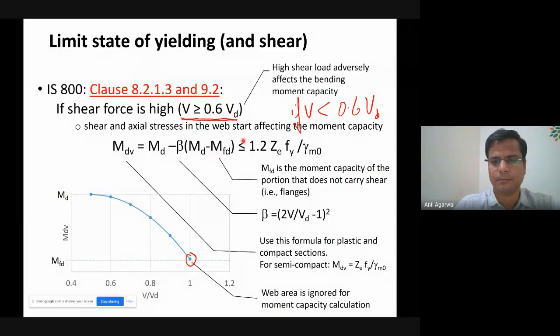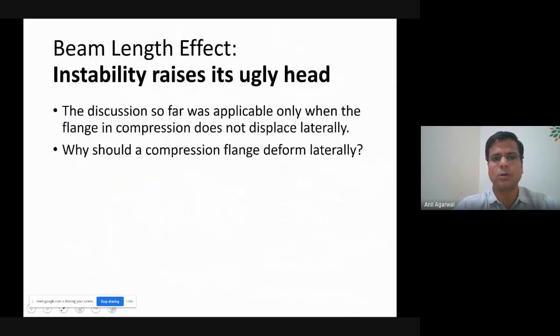All right. So now we have discussed the plasticization limit state, or yielding limit state, for beams. We have discussed how to avoid local buckling so that we can utilize the limit state of yielding. We have discussed how to account for combined shear and flexural effect.